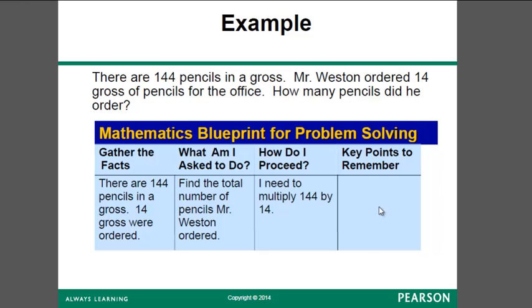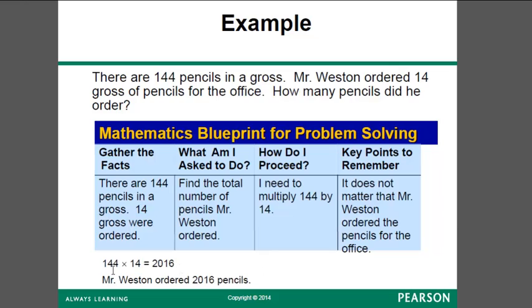The thing I thought of is, it doesn't matter that he ordered the pencils for the office. That's just extra. Anything that is extra can be put here in the key points to remember. That way we can disregard it. Okay? So whenever I do that, 144 times 14 gives me 2016. Mr. Weston ordered 2016 pencils.